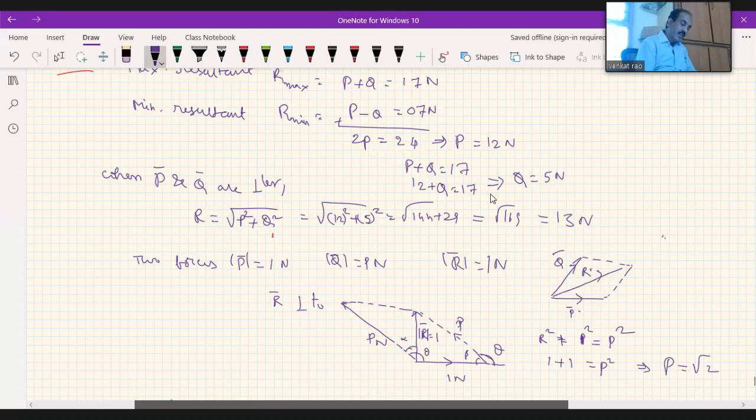Tan beta equal to 1 by 1, 1. Beta is 45 degrees. So theta is 180 minus beta, 135 degrees. If you calculate alpha, theta equal to 90 plus alpha, or 180 minus beta.